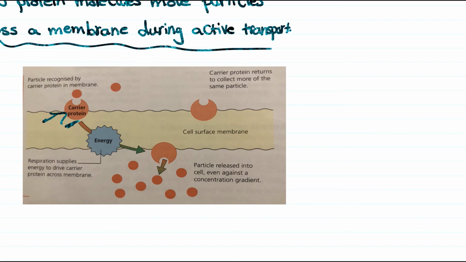This carrier protein recognizes the particles, and carries them by the help of energy which is produced by the cells, by respiration, by mitochondria, and it takes them from out to in, inside the cell. After releasing these particles, which needed to be transferred from out to in the cell, through the cell surface membrane, this carrier protein returns to collect more of the same particles.